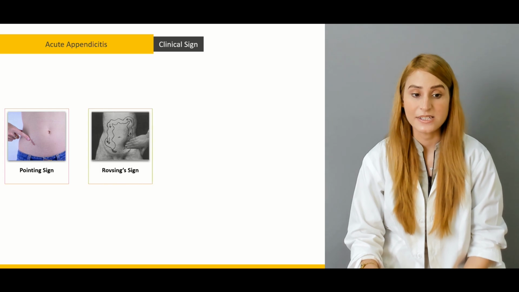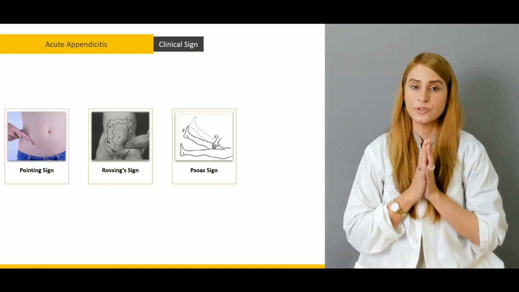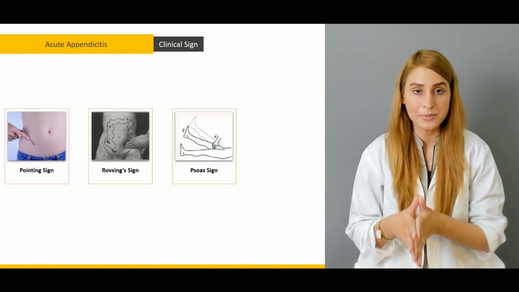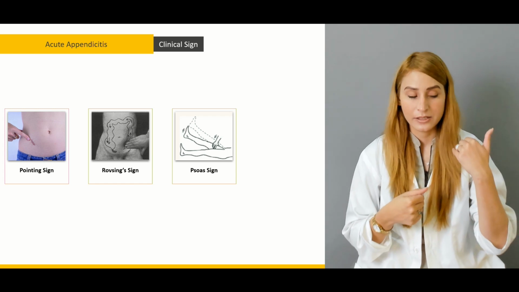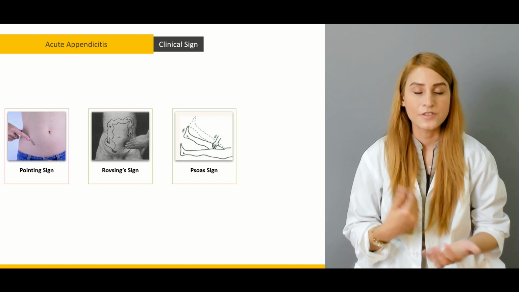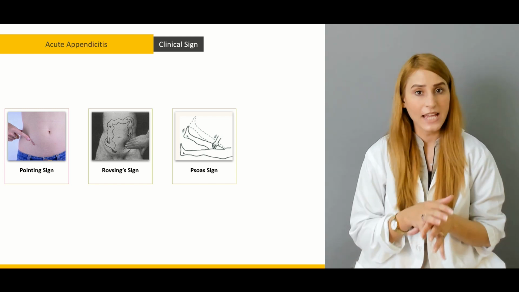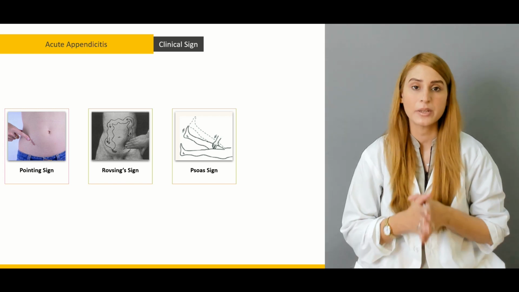We're going to talk about the signs. First of all, you're going to examine the abdomen of the patient. Start from the inspection, the breathing pattern, then you have to palpate the whole of the abdomen, starting from the superficial palpation, going down to the deep palpation.